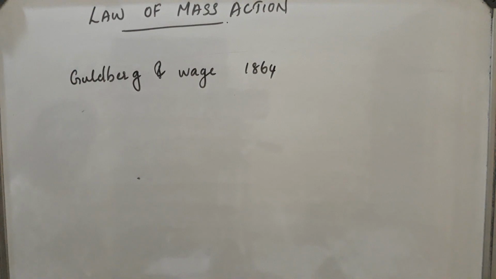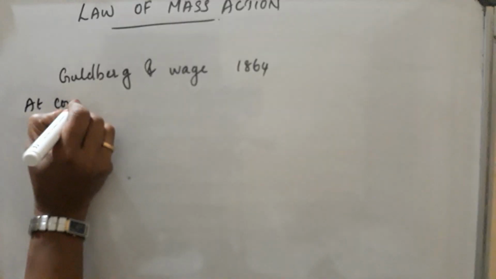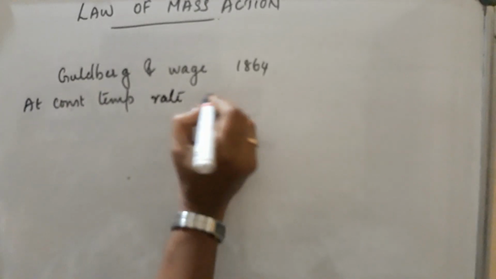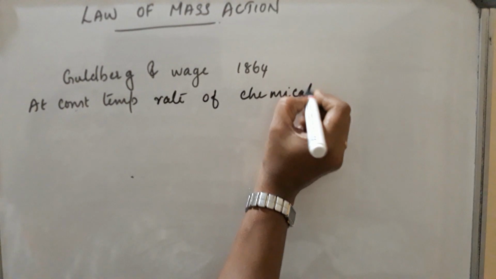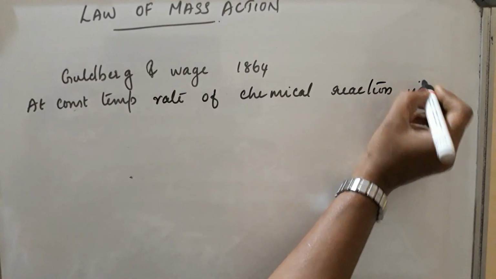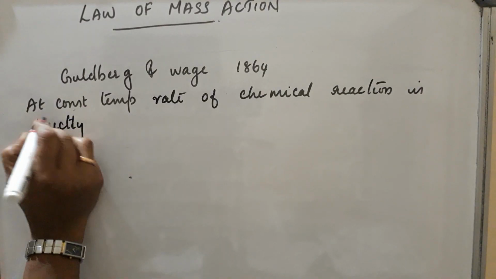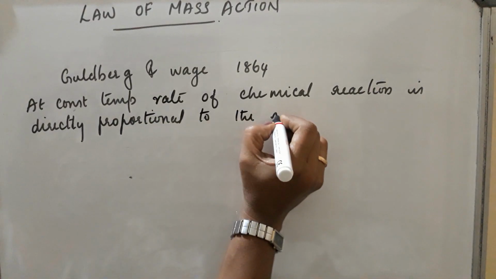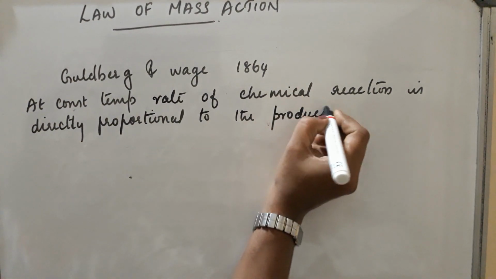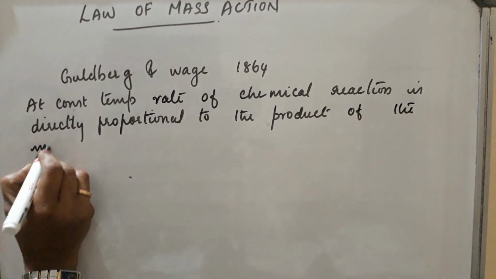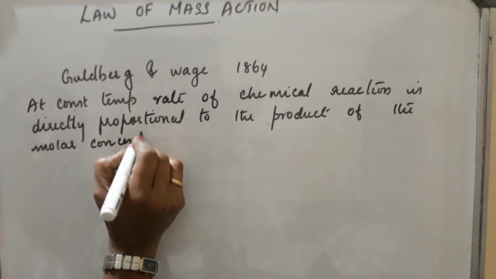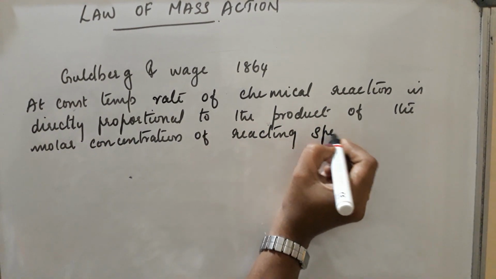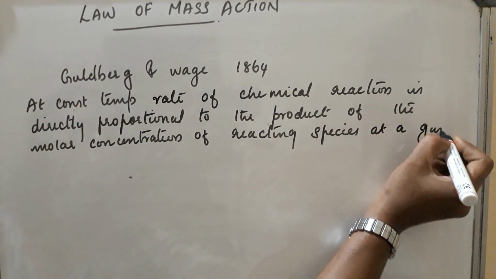This law states that at constant temperature, the rate of a chemical reaction is directly proportional to the product of the molar concentrations of the reacting species at a given time.